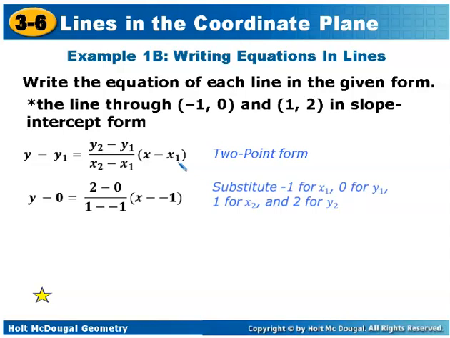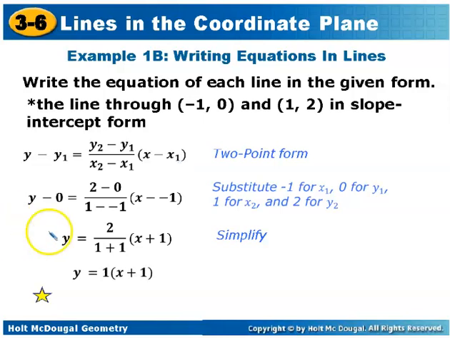Now once I have everything substituted, I'm going to do any calculations or simplifying. And here's what I end up with. For me, I'm willing to accept something like this, but some of your teachers may say you've got another simplification step in there. 1 times anything is just what it was.